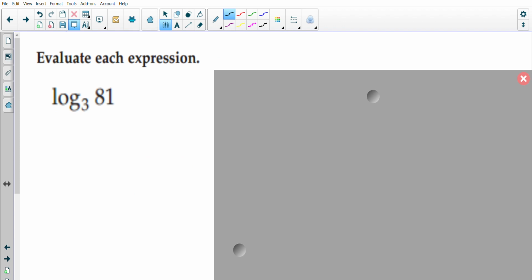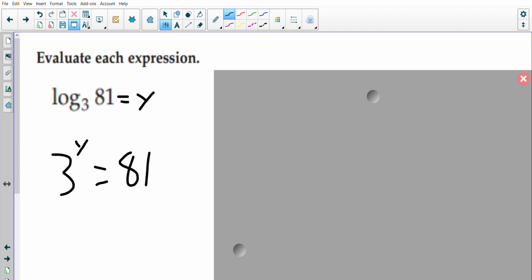So now, just evaluate. Log base 3 of 81. Now again, it's the same thing. We can reset this into a situation where we say log base 3 of 81 is equal to y, so 3 to the y is equal to 81.